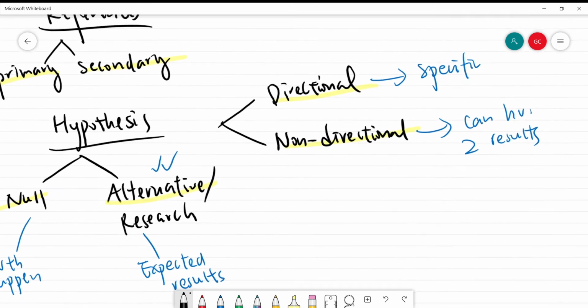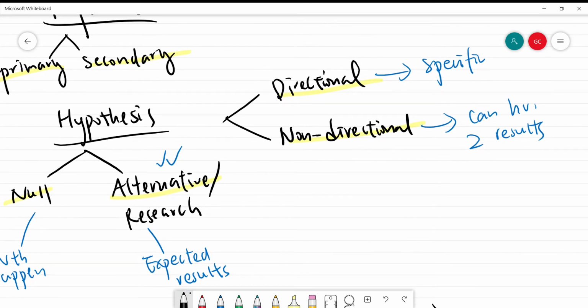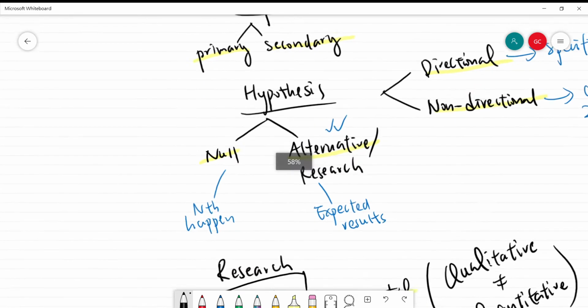But for the non-directional, it can have two results. It means that, for example, I'm using the same example. If you exercise more, you'll be healthier. But if the hypothesis is non-directional, the result can be if you exercise more, you can't be healthier. The result can be diverged.